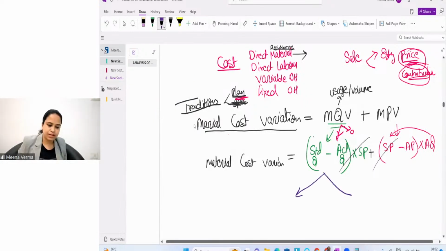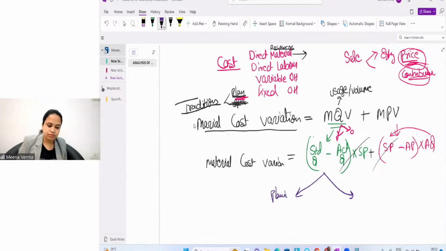So the same thing can be further divided into planning variation and operational variation. Okay, you are studying in more detail and they want to know who is responsible for what. So for planning variation, we will see what is the actual budget of the standard quantity.